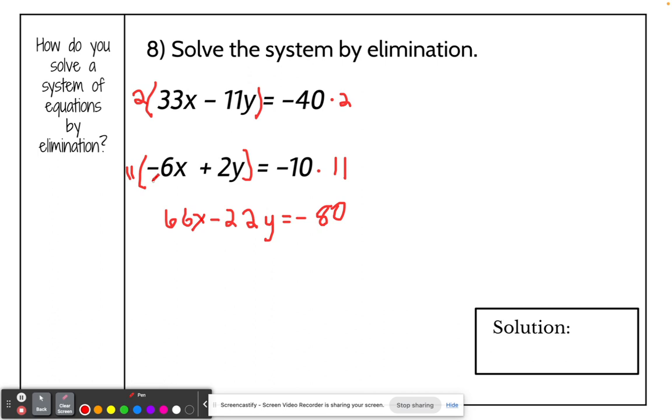On the bottom, I have 11 times 6x, which is 66x, and it should be negative 66x. 11 times positive 2y is positive 22y. And negative 10 times 11 is negative 110.